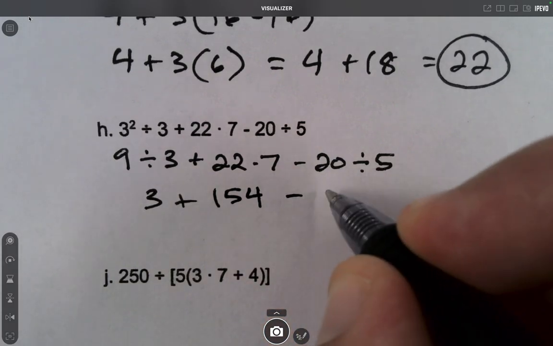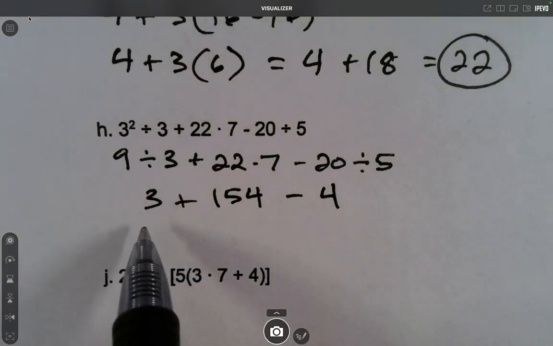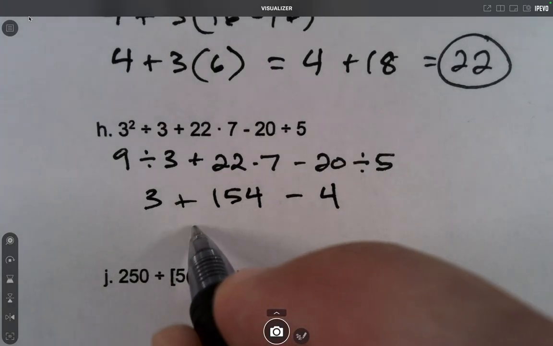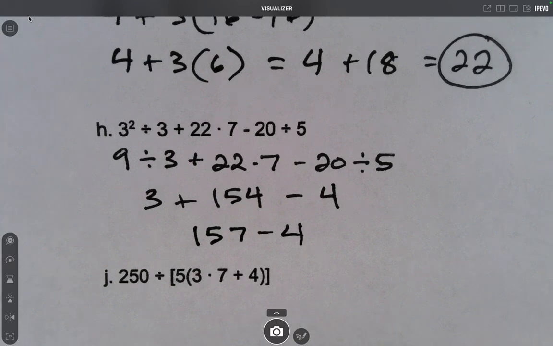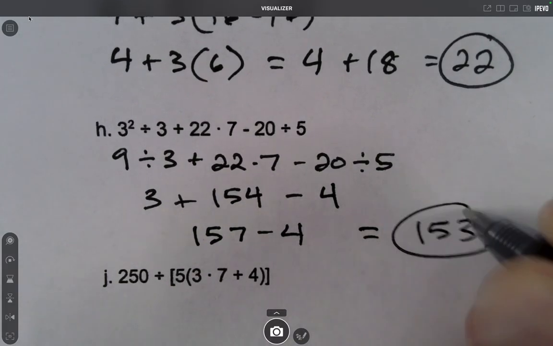And 20 divided by 5 is 4. So we've completed step 3, our multiplication and division. So now we deal with addition and subtraction from left to right. So I say 3 plus 154 is 157. And then I subtract 157 minus 4, get my final answer, 153.